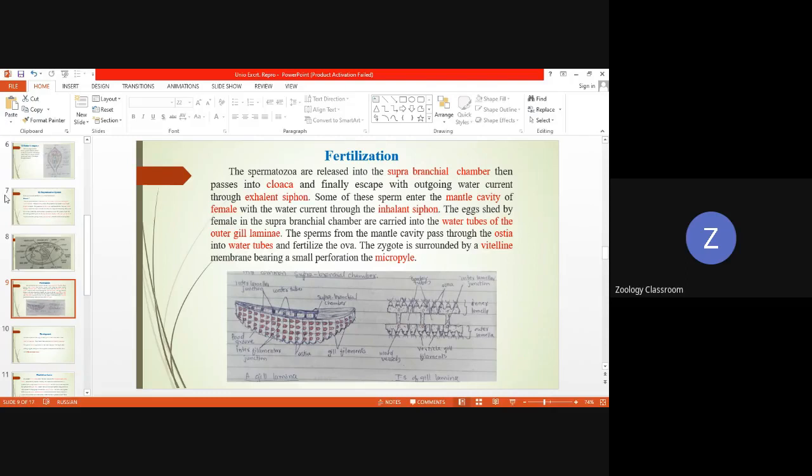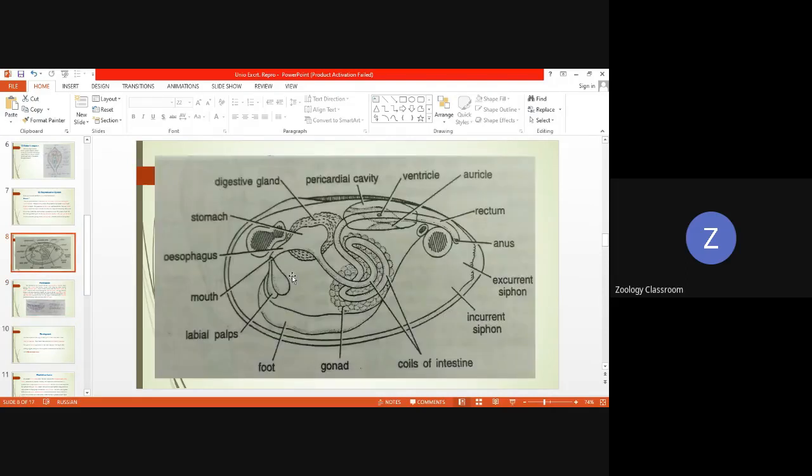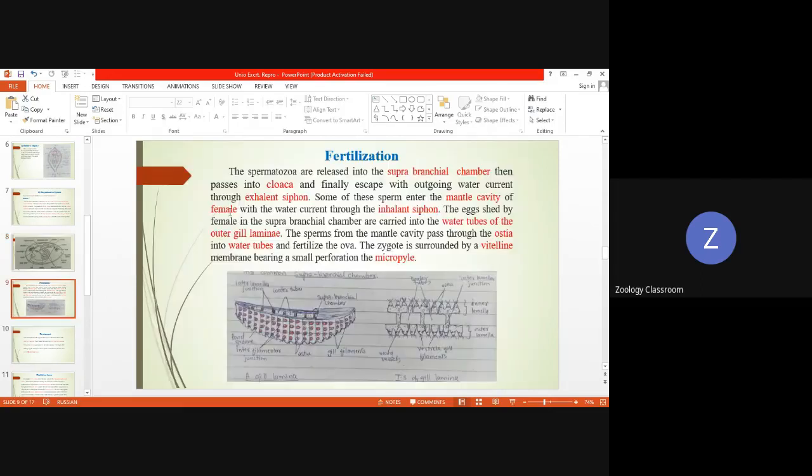Means here is the suprabranchial chamber, here the exhalent siphon, and from here all the sperms are given out, they are thrown out.